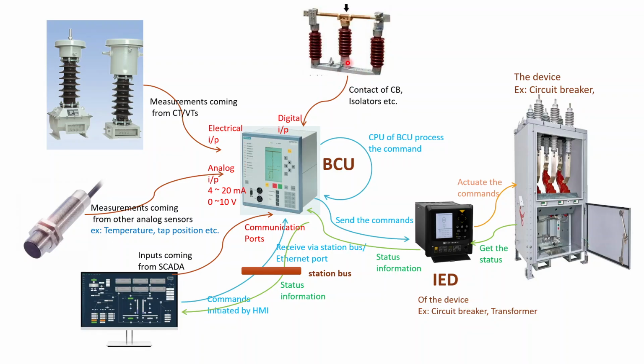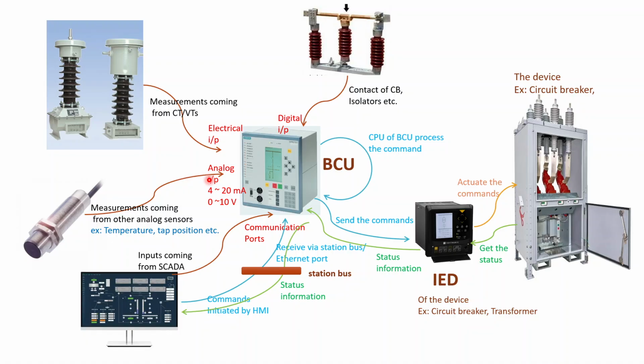And then this bay controller unit also accepts analog inputs, right? And these analog inputs are basically coming from other analog sensors. For example, temperature sensors, tap position sensors, etc., which are connected to the particular equipment in the bay or the substation, right?